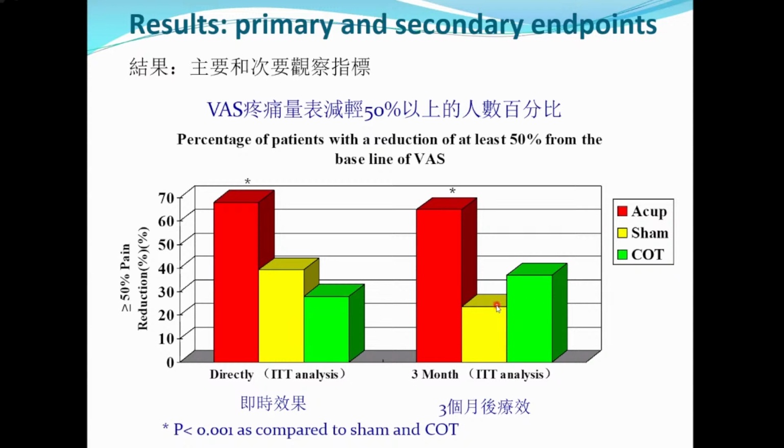They could not sustain it; only 20% of patients had 50% pain reduction. Conventional orthopedic therapy improved slightly, but not as much as the acupuncture group. It's very significant, with a very small P value, 0.001, compared to sham or conventional orthopedic therapy. It's a very interesting study.